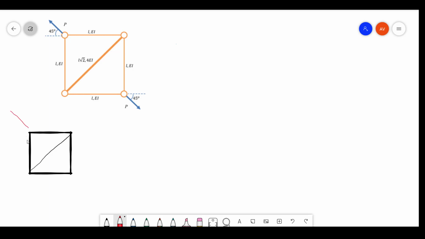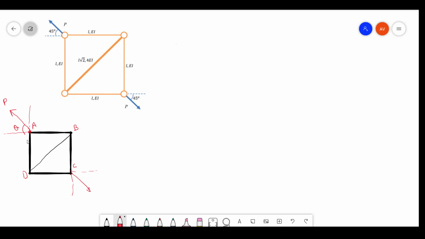My force is somewhere here in this direction. Let me take this angle as theta, and let me name these points A, B, C and D.